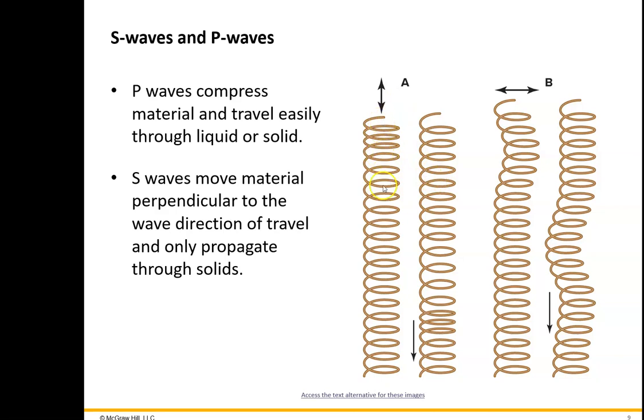With P waves, the thing that waves is waving in the same direction that the wave is traveling. So these are two completely different types of waves. All right.